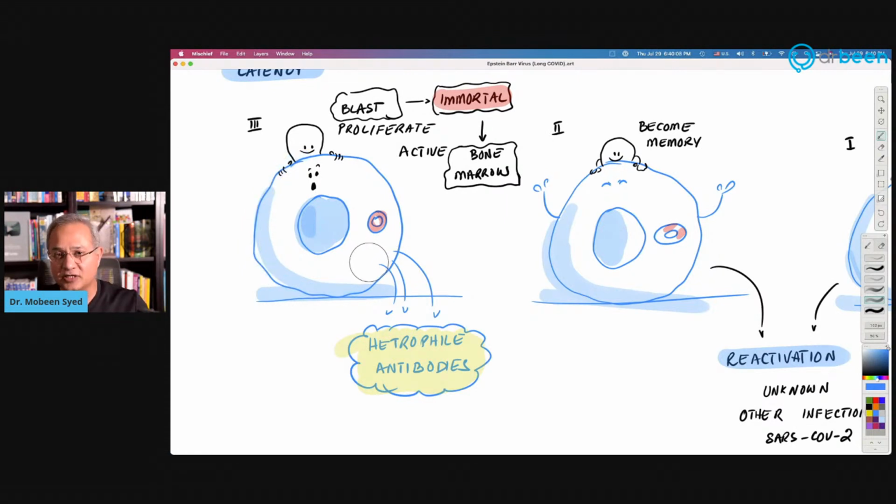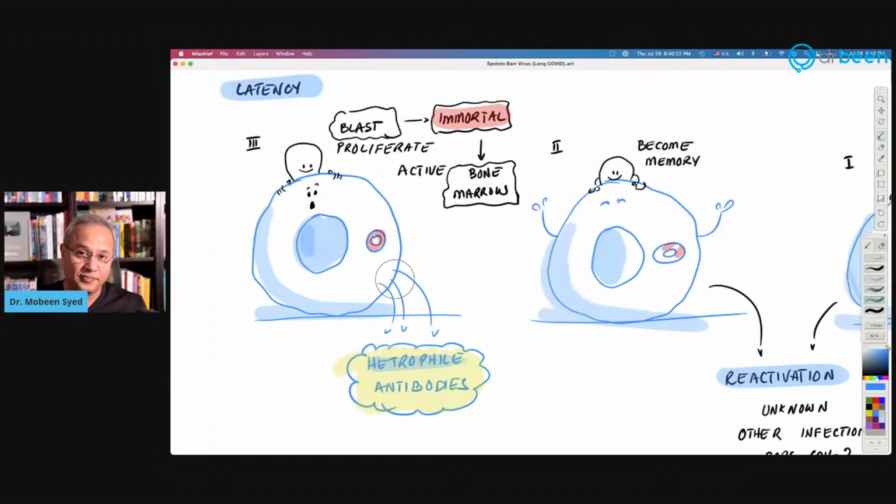So just imagine a giggling B cell sitting somewhere in our throat and just giggling and throwing the antibodies out. Those antibodies are of no use. They're just spilling out of it because it is laughing. And these are called heterophile antibodies. We can detect them. And if we detect them, we know it is Epstein-Barr virus tickling this B cell.